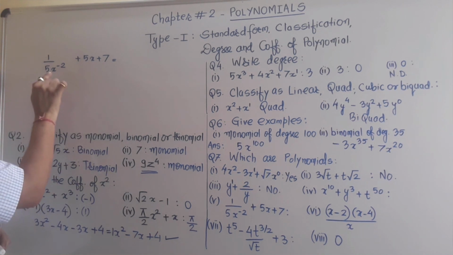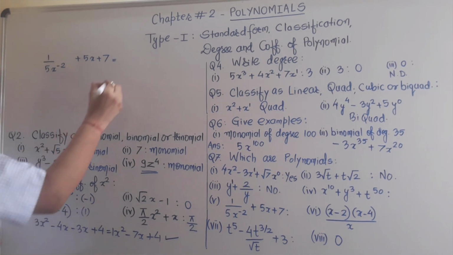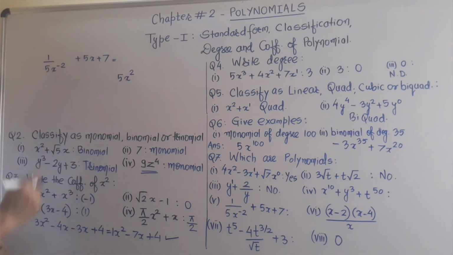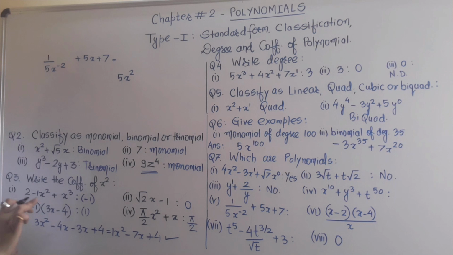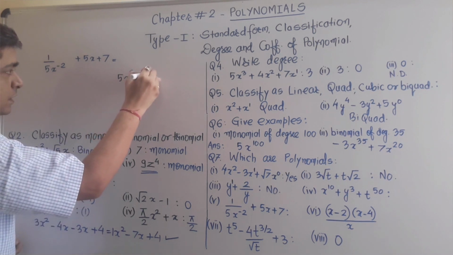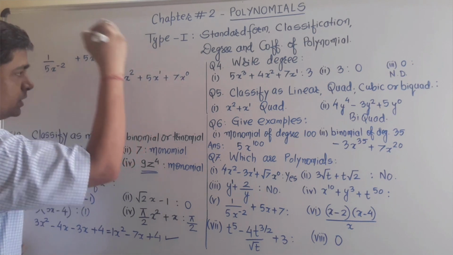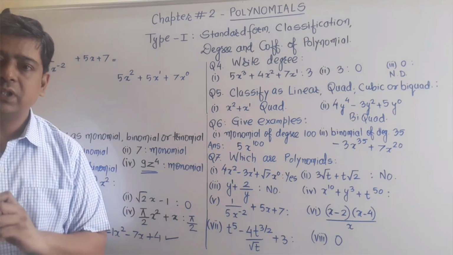And this x to the power minus 2, if I bring it at the place of numerator, this will become positive 5x squared. Remember, I am bringing x to the power minus 2 to the numerator, plus 5x to the power 1, plus 7x to the power 0, because any constant term I can write with variable power 0.